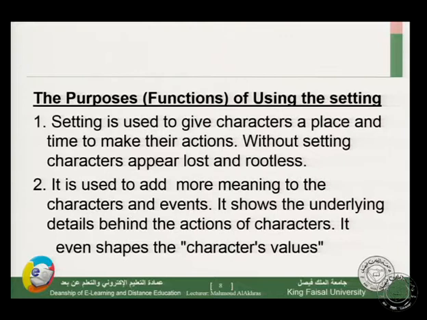The functions of using the setting, or the purposes of using the setting. The first function for the setting is used to give characters a place and time to make their actions. Without setting, characters appear lost and rootless.